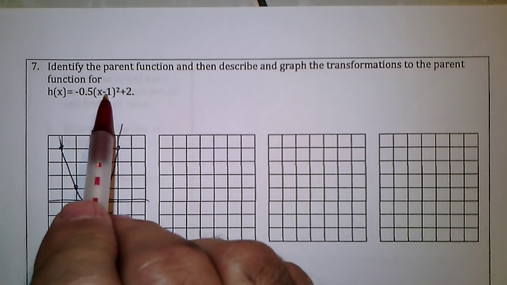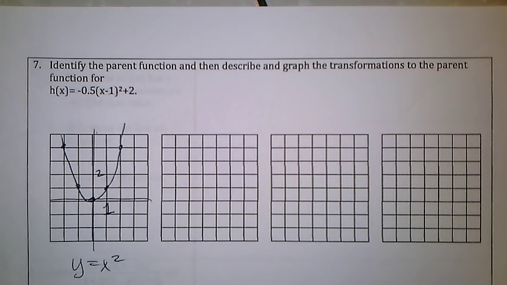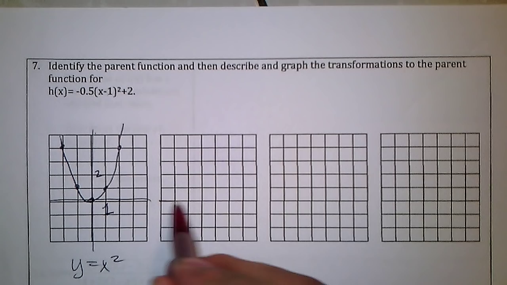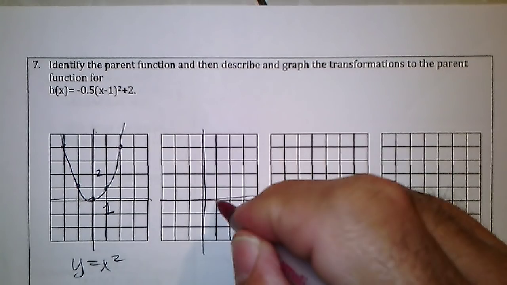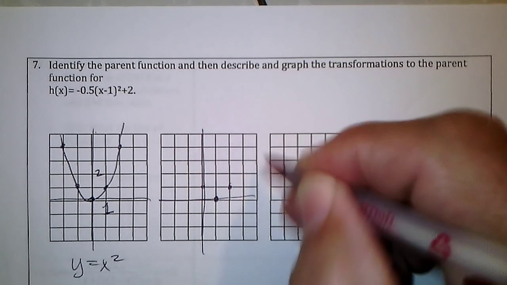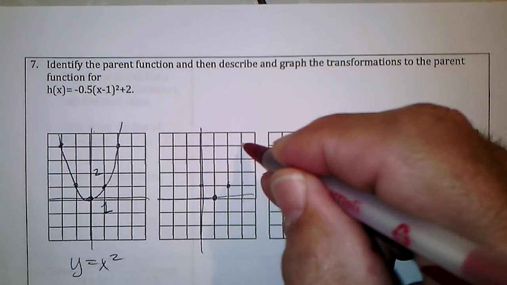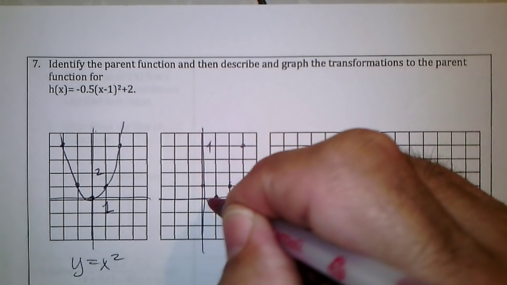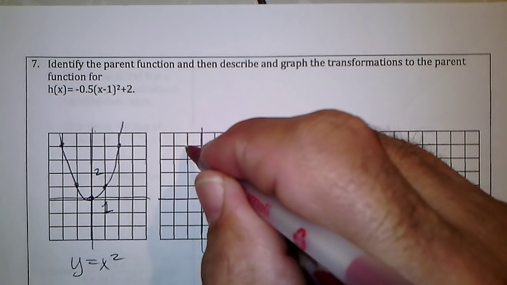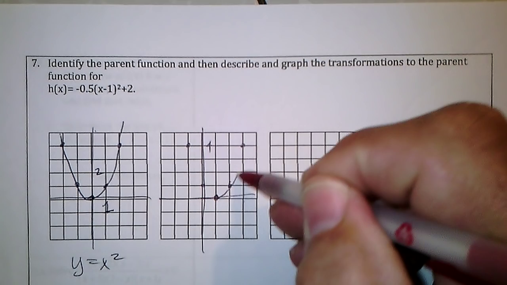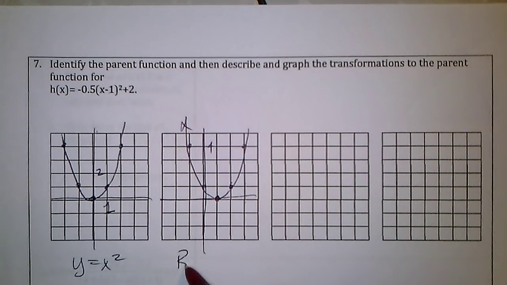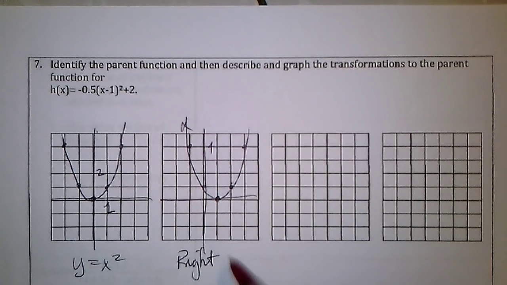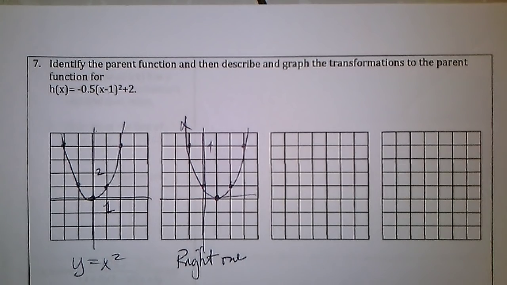And working with the inside first, it says move it plus 1, to the right 1. So now it's there, there, there, and 1, 2, 3, 4. Right 1.